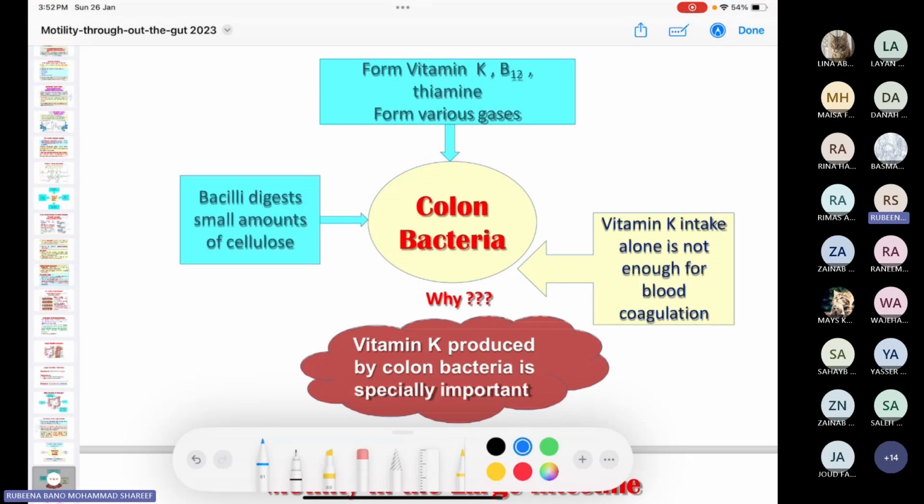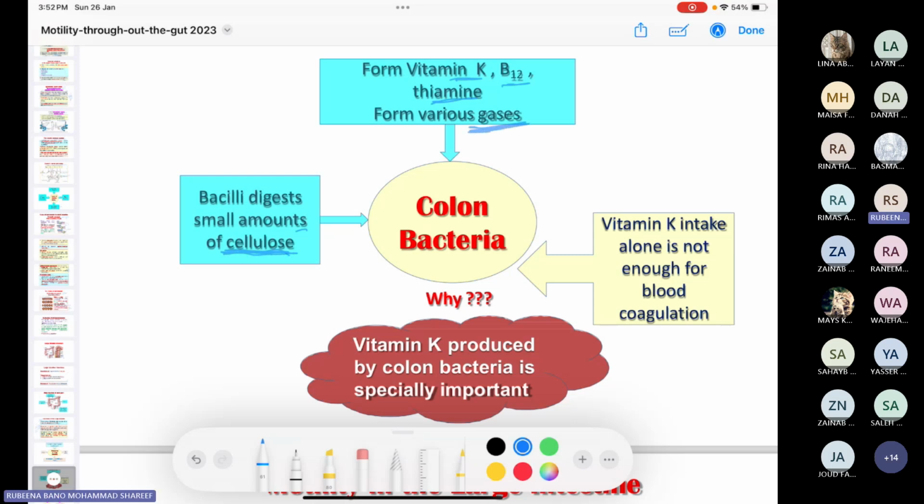Also, in the colon, there are bacteria which are useful for us. Why? Because these bacteria digest a small amount of cellulose, which is not digested by the other parts of the GI tract. They form vitamin K, B12, thiamine, and also various gases.